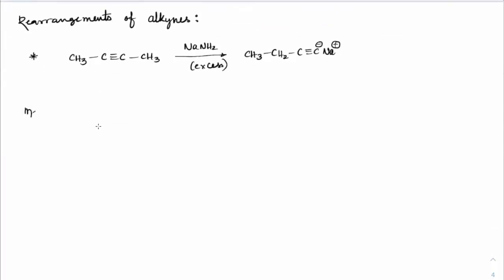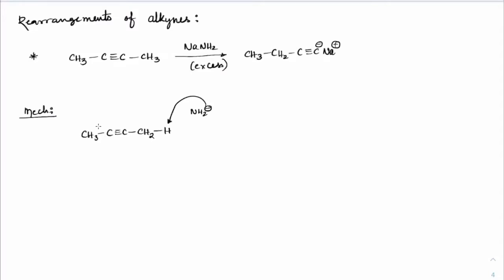Let us go through the mechanism once. So we have CH3C triple bond C with CH2 and H, and NH2 minus reacting.